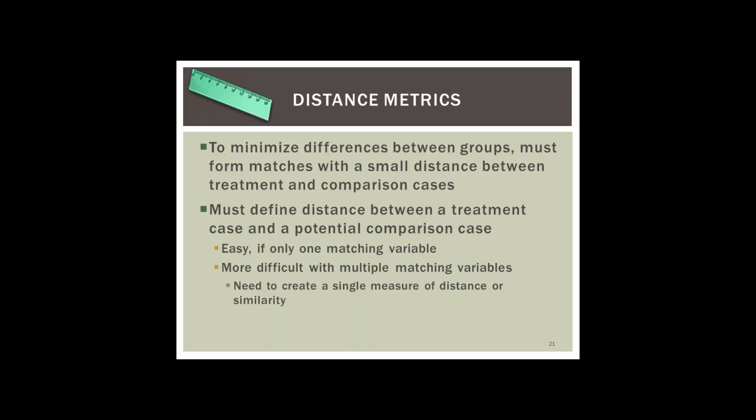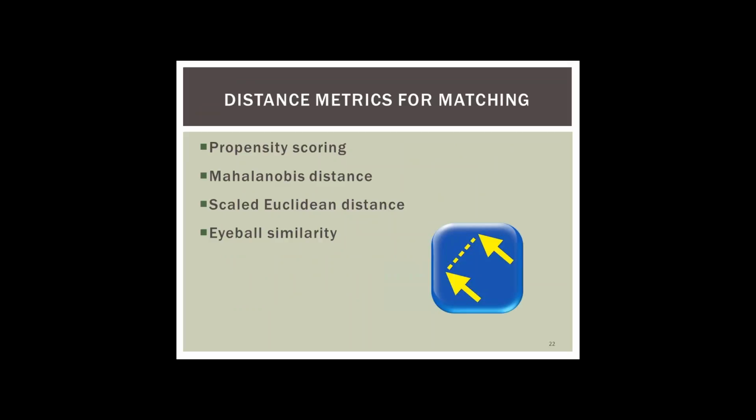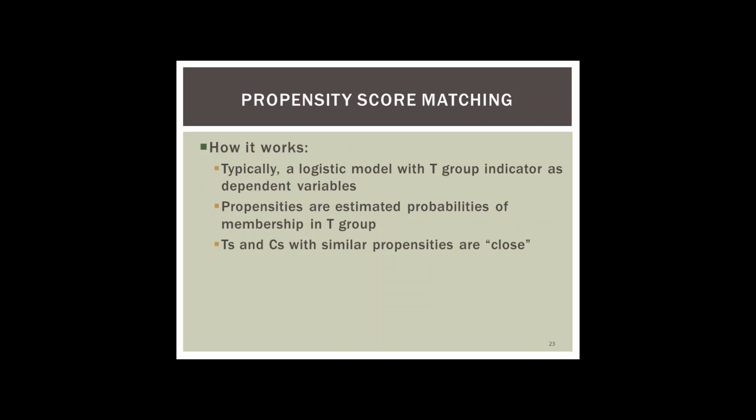So you need these metrics to help. The different metrics that you can use are propensity scoring, Mahalanobis distance, scaled Euclidean distance, and eyeball similarity, which is exactly what it sounds like, just using your eyes to figure it out. I'll describe each of these metrics in turn.